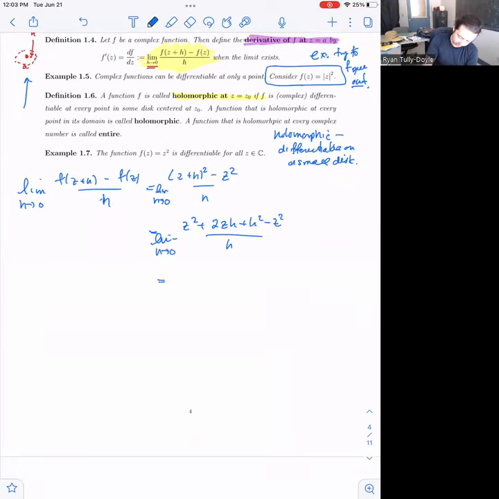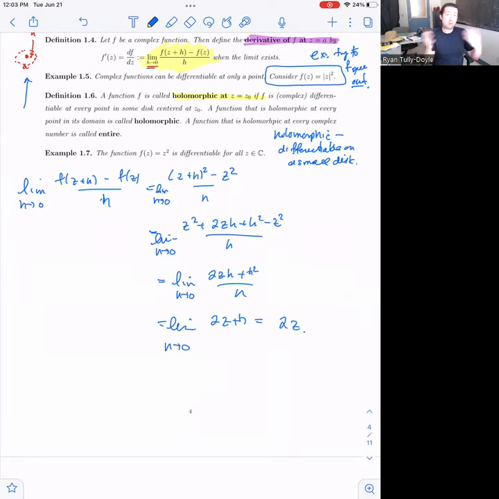And the z squareds cancel, and we get the limit as h goes to 0 of 2zh plus h squared over h, which is the limit as h goes to 0 of 2z plus h. And that has a well-defined limit. I can plug in, it's a polynomial, and I get 2z.